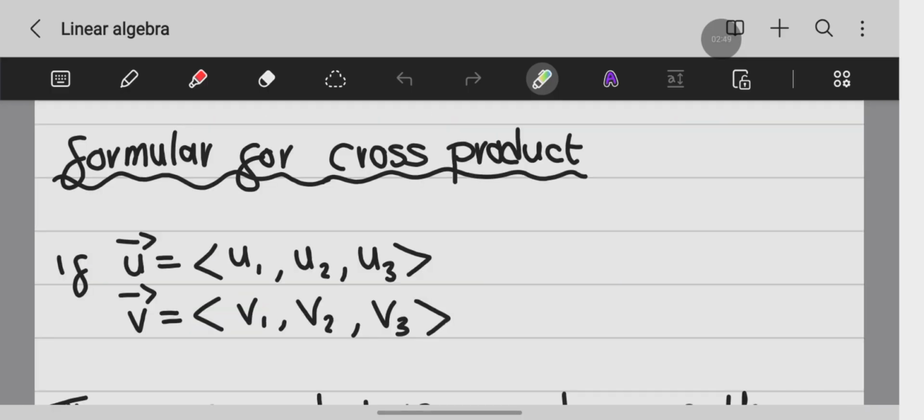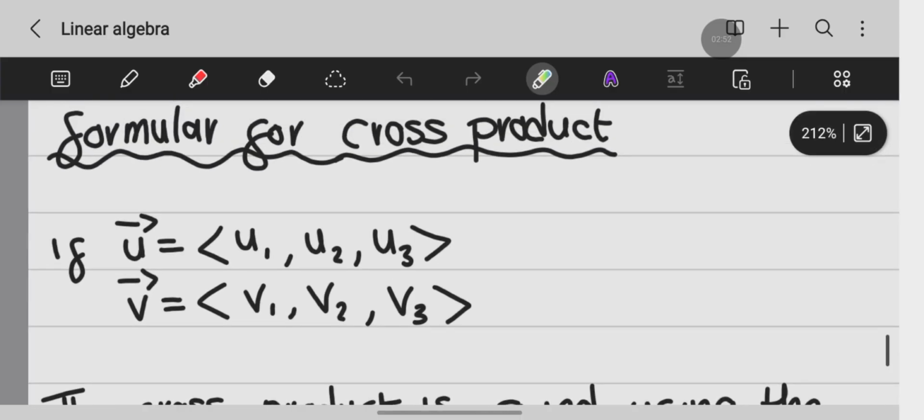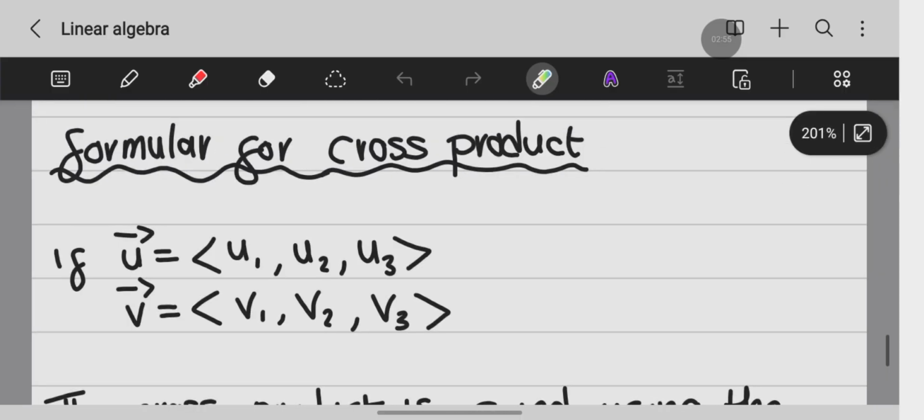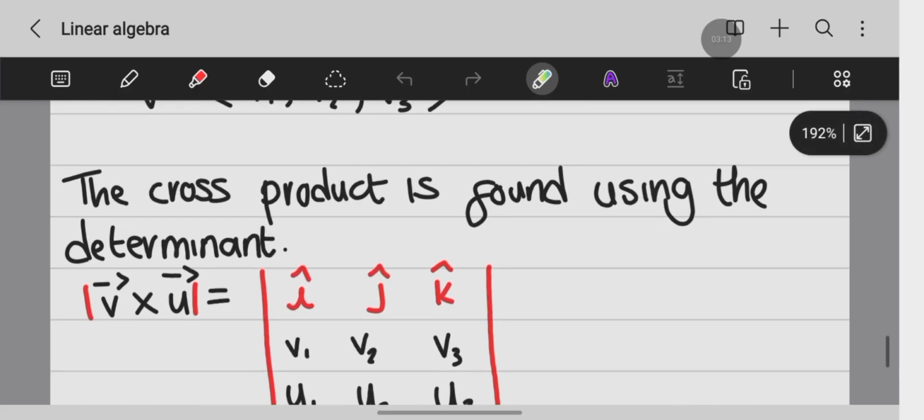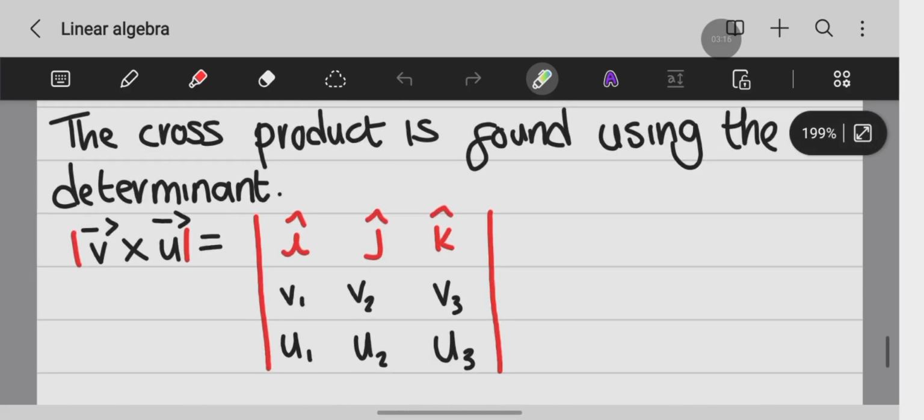So I wrote down a formula for cross product, or actually I need us to work on it, but if u is u1, u2, u3, like I said, you have to know your 3D vectors in three-dimensional planes, and v is v1, v2, and v3. The cross product is basically found by using the determinant of the cross of v times u. And I just need you to also pay attention, not direction, but what you started with here really matters.